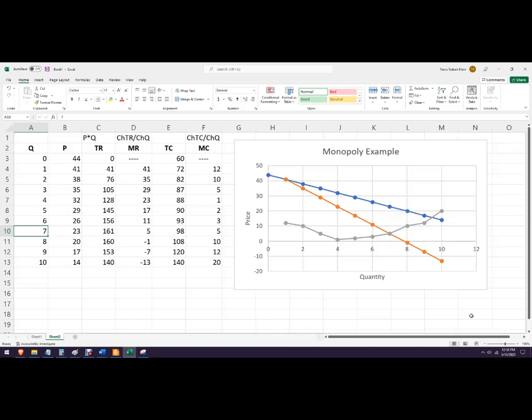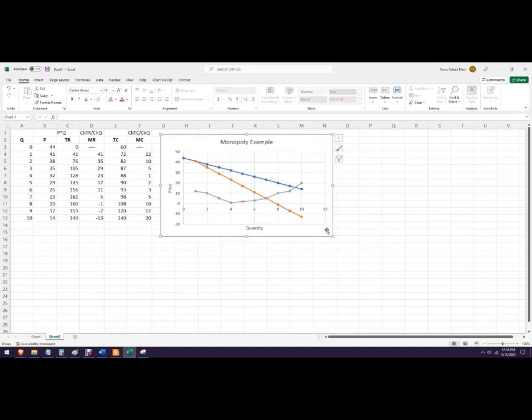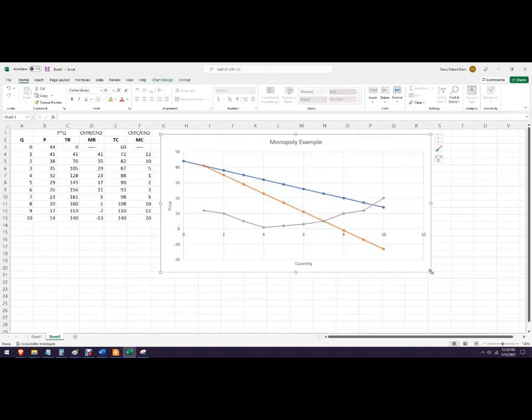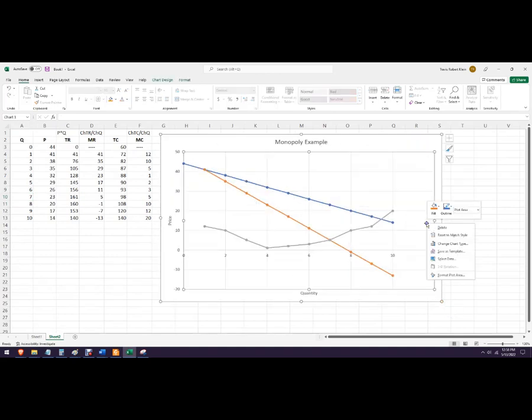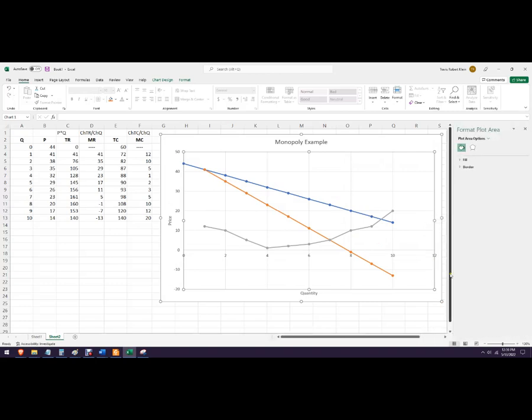If I want to make my graph look a little bit more presentable, I can do a couple of things. I can go into here, right here.